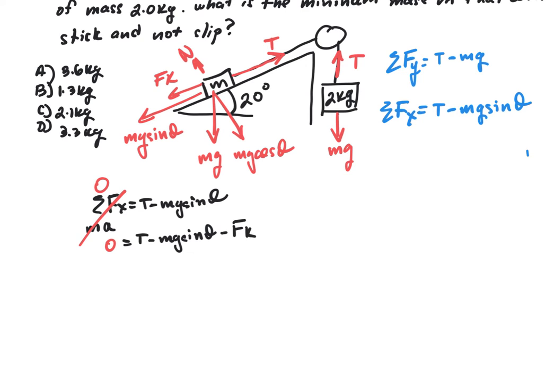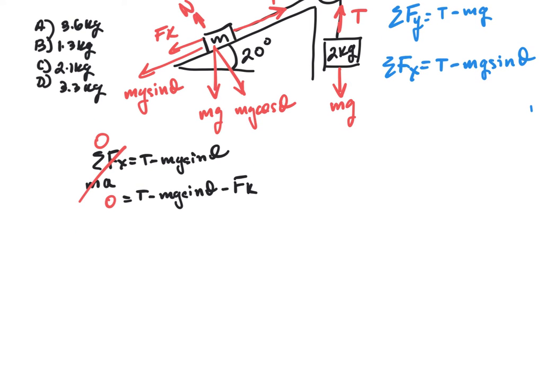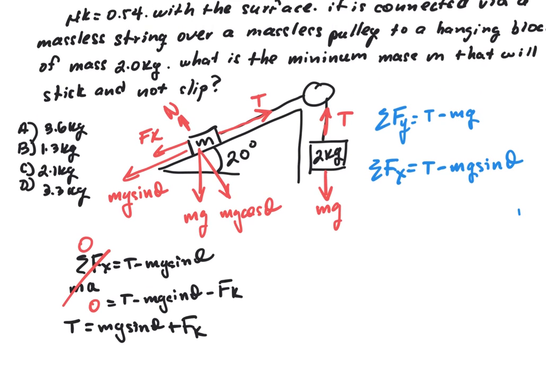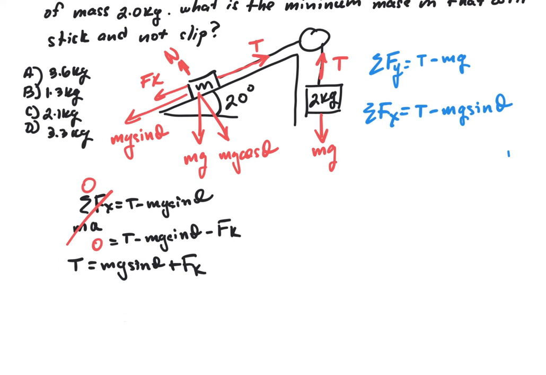minus fk. So when we solve for tension, it's going to be mg sine theta plus fk. Now, to find our fk, it's going to be our N times mu, which is mu s, and we know N equals mg cosine theta.